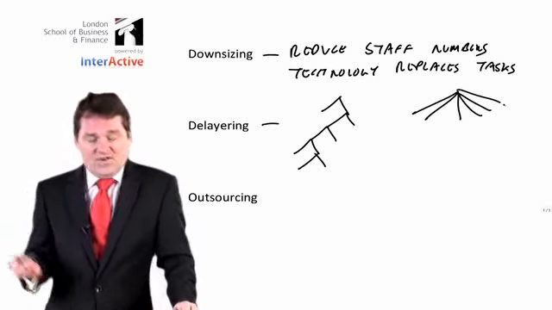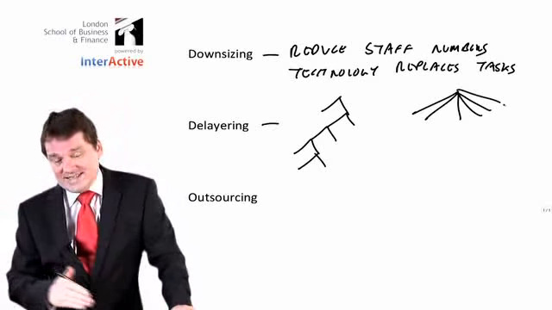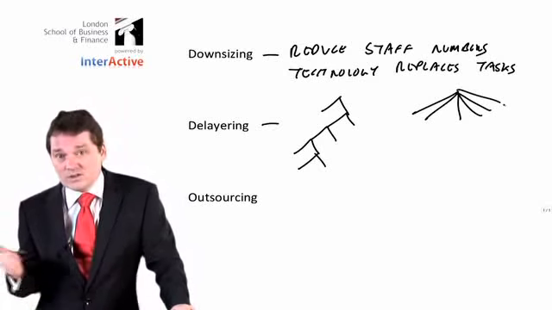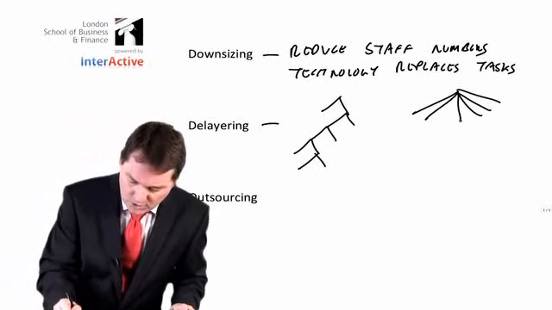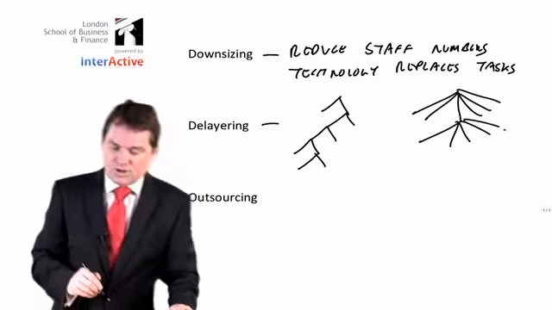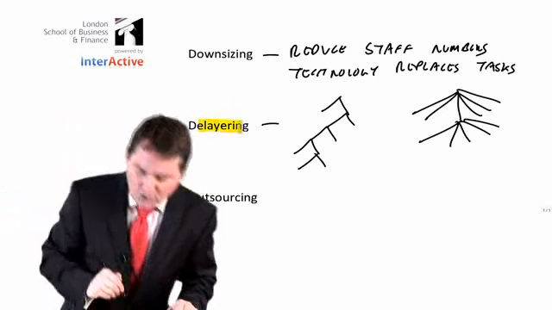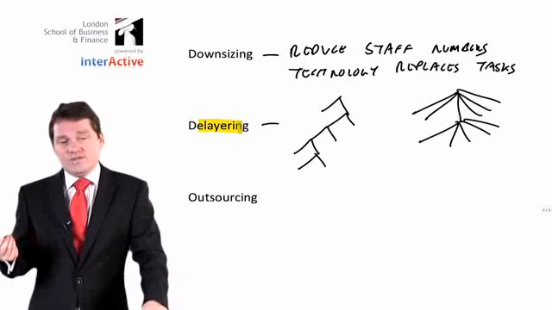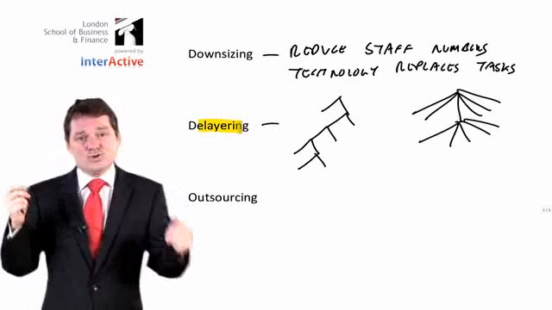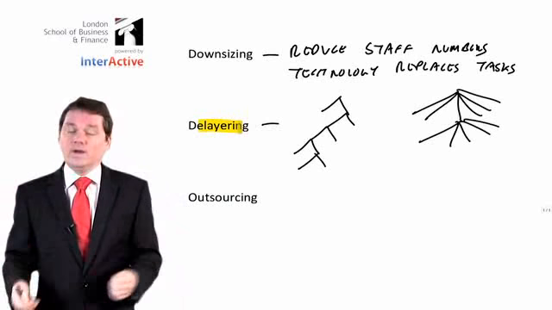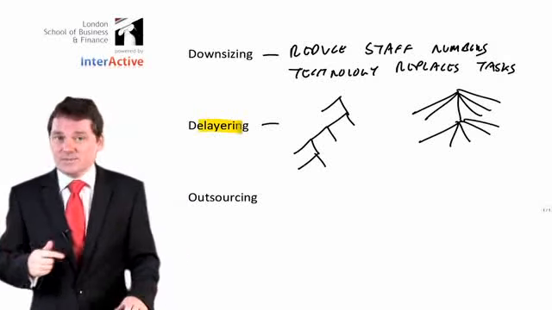If I'm sitting in an office in London, I can be monitoring a company's activities all around the world in real time, which means I can supervise lots of people. So you go from a tall structure with lots of layers to a flat structure with very few layers, because communications technology allows you to supervise more people at the same time. So technology allows for fewer layers of people.